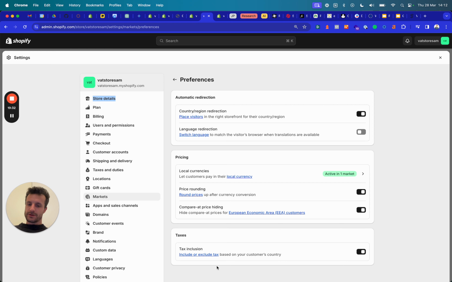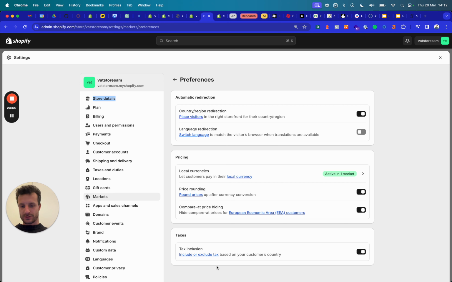Then there is a third option where we actually add the prices to the backend for all the different markets that you are serving in an excluding VAT amount. Then we do a front-end custom work that we add VAT on top so that you still sell throughout the European Union for the same including VAT price, and that you subtract the VAT from the price for B2B customers.